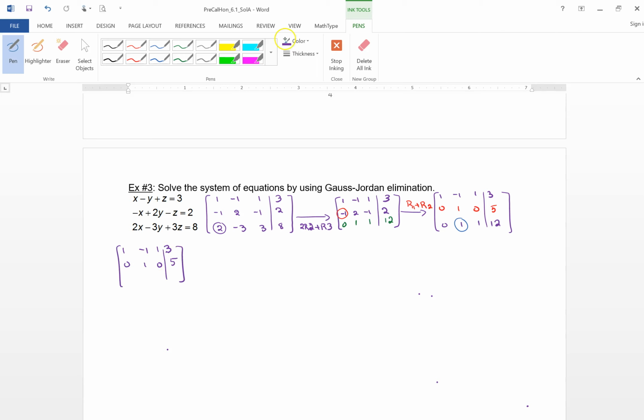And here, I'm subtracting, so I'm going to get 0 and minus 1, and 5 minus 12 is negative 7. So here what I did is row 2 minus row 3.